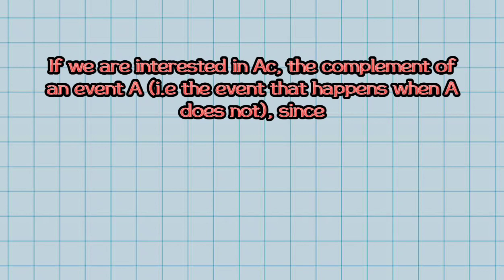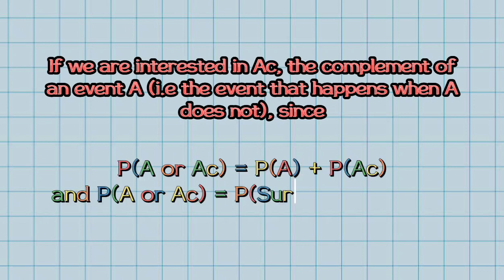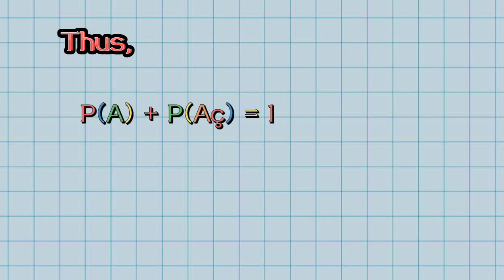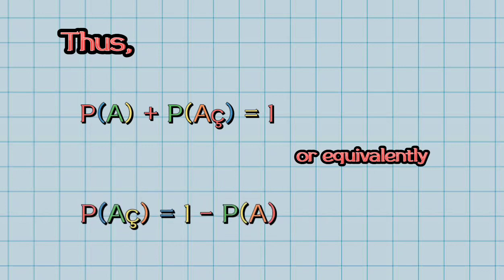In general, if we are interested in A^C, the complement of an event A, for example the event that happens when A does not: since P(A or A^C) equals P(A) plus P(A^C), and P(A or A^C) equals P(sure event), which equals 100%, thus P(A) plus P(A^C) equals 1, or equivalently, P(A^C) equals 1 minus P(A).